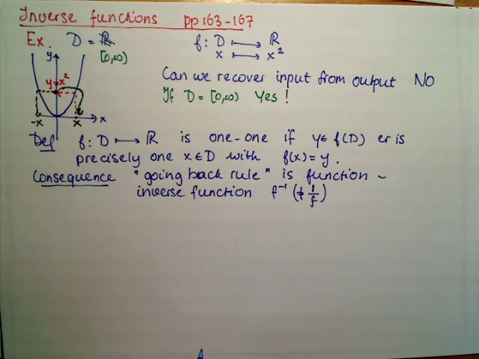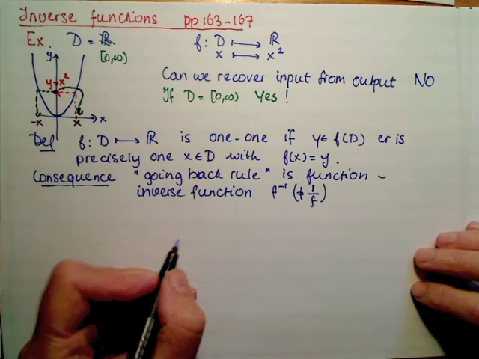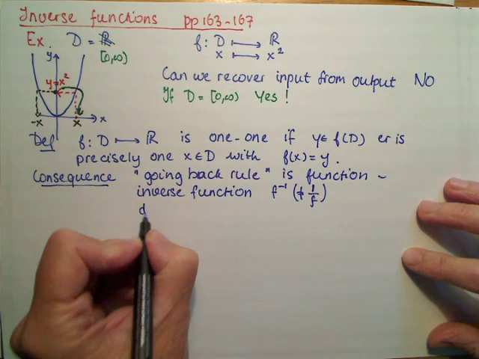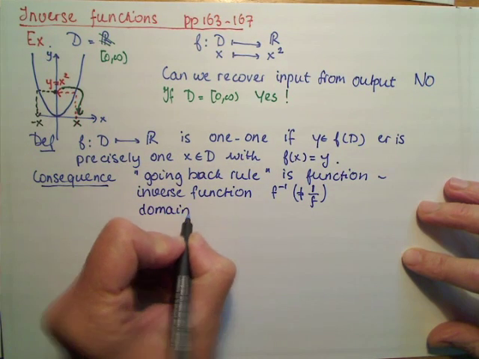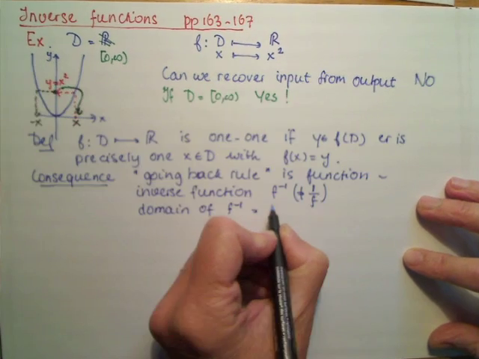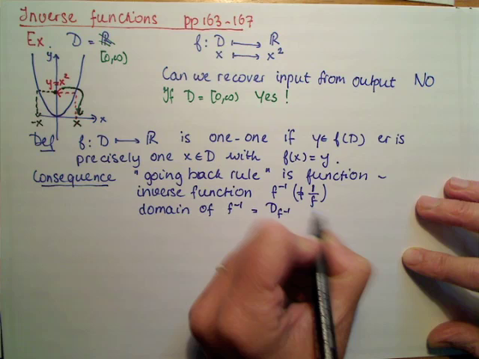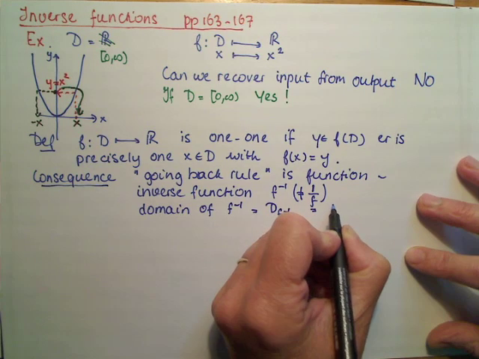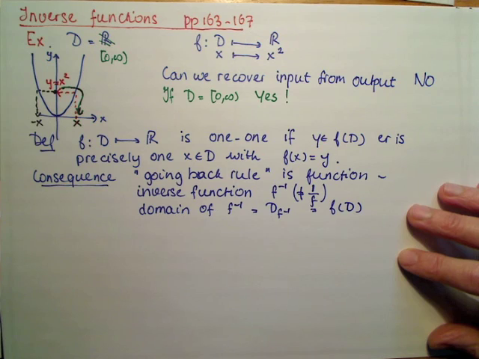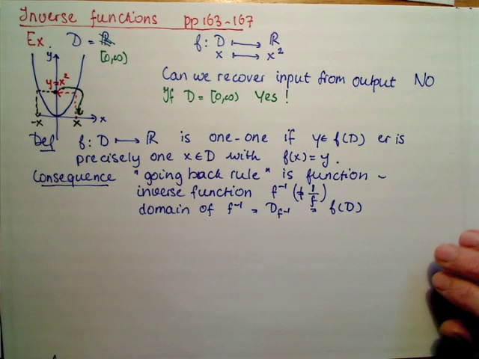Well, clearly going back means that we can only go back from realized values. So we have that the domain of this inverse function, denoted by d f minus 1, is equal to the image of our original function of the set D. We cannot go back from a non-realized value.